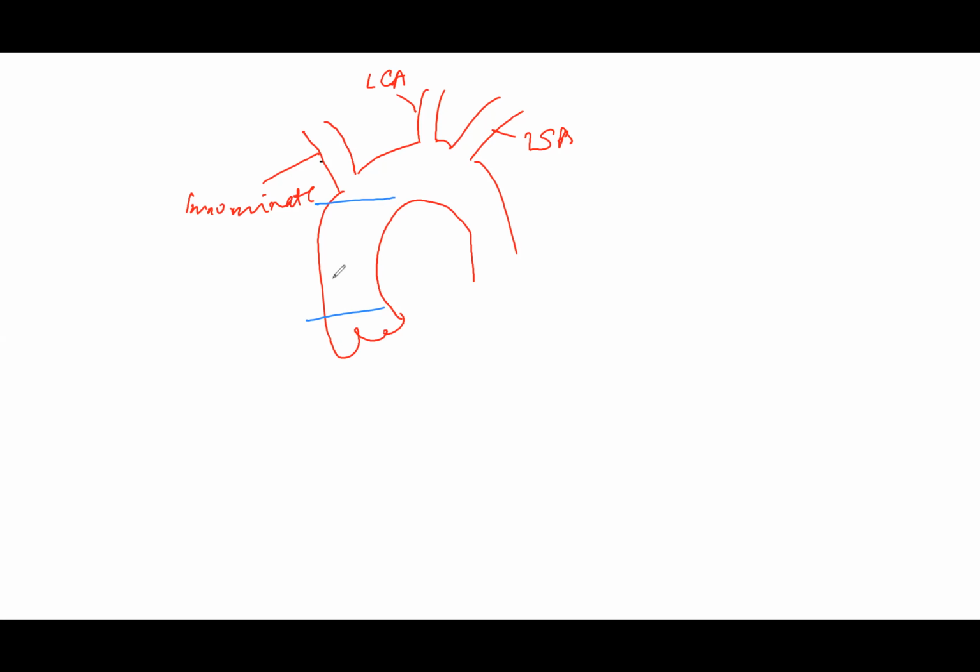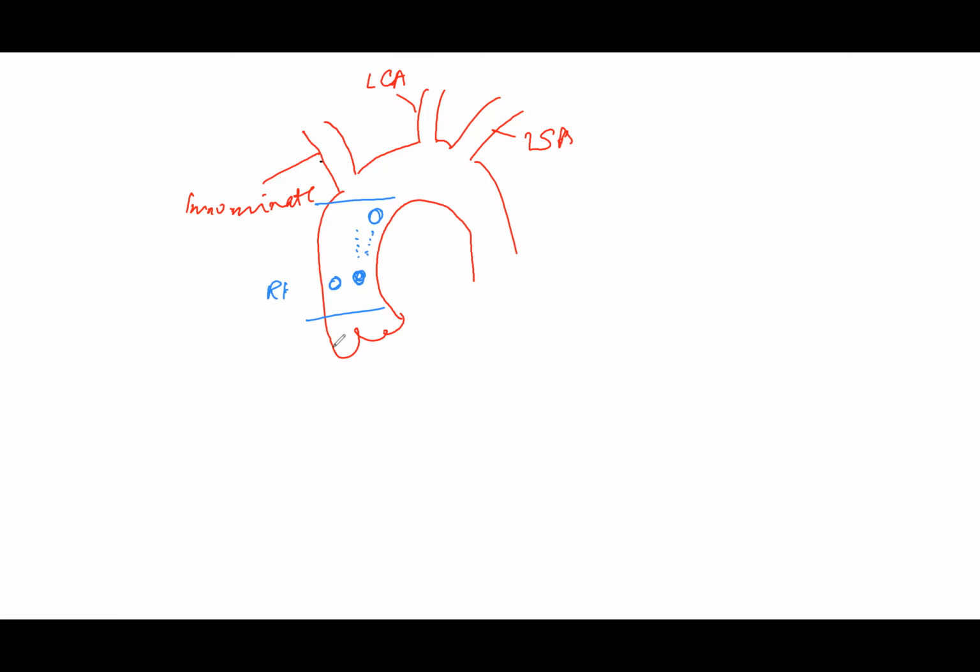Usually the RCA graft will be here, more on the right side or on the left side of the screen. And then the LAD graft is usually on the lower side. It could be somewhere here. And the circumflex or OM grafts are usually high here, somewhere in this line.